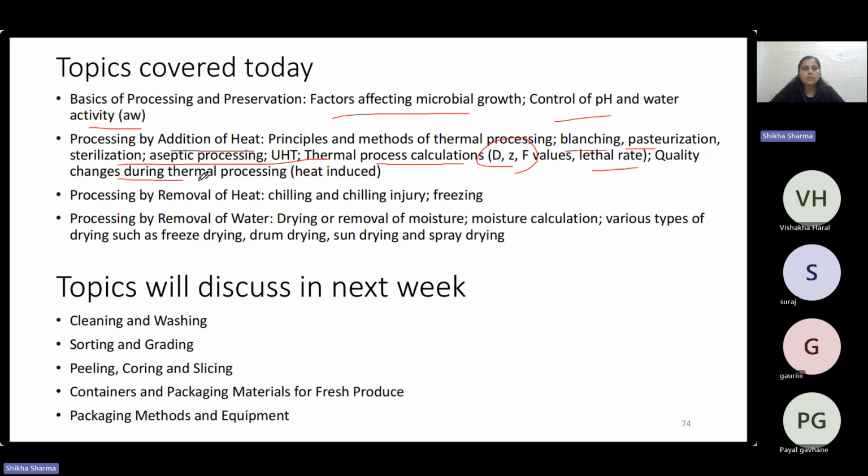And then we discussed heat induced changes in product quality.